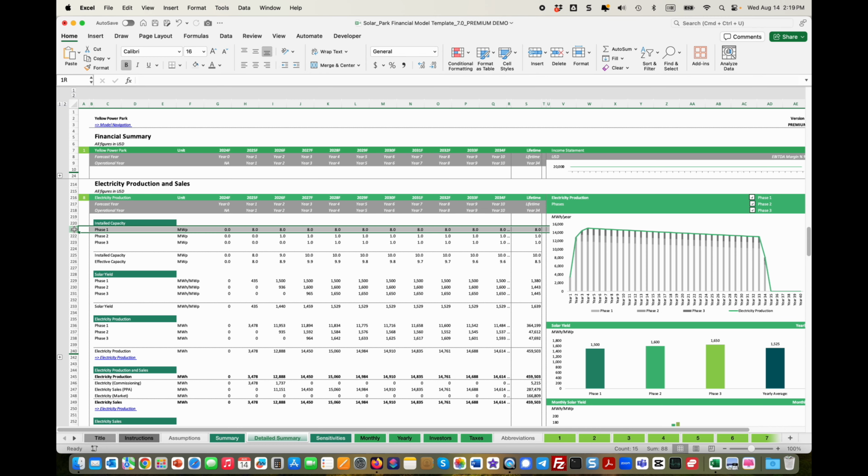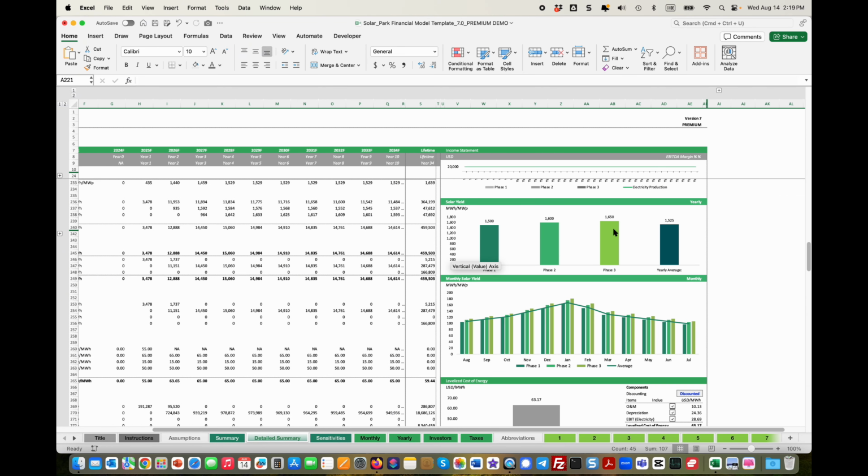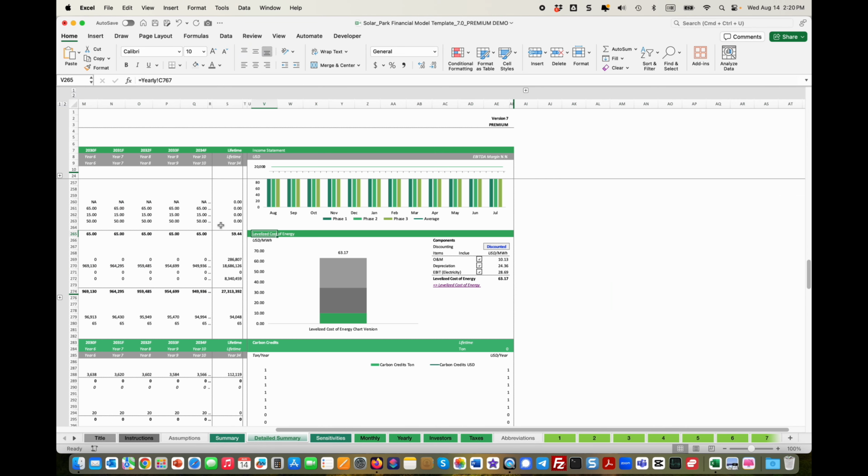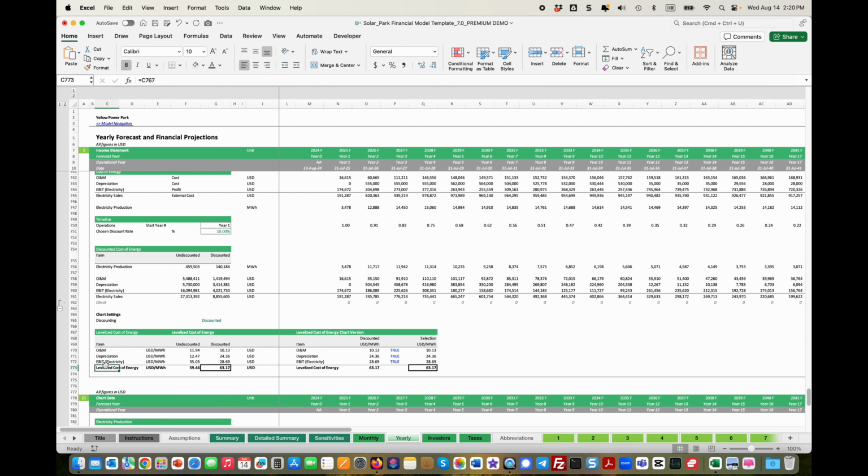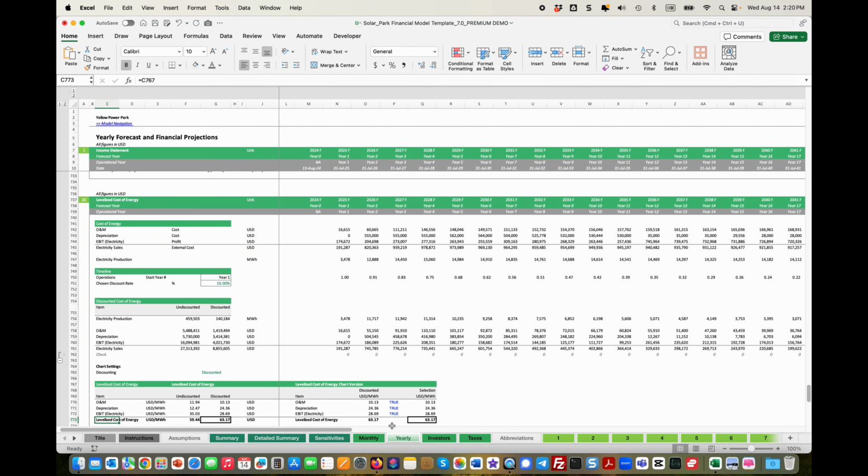As we mentioned, this project consists of 3 phases. We can see here the contribution of each phase, how the different yields compare. What we have here is also a summary of the levelized cost of energy. And if you are interested in details of how this is calculated, there is a section here on the yearly sheet.